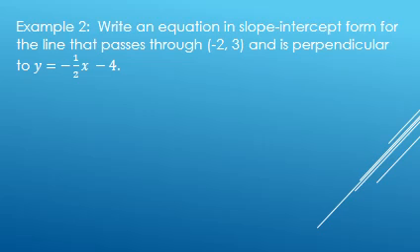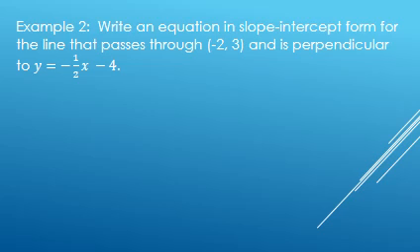So now this one, it says write an equation in slope-intercept form for the line that passes through -2, 3 and is perpendicular. So now we're looking for perpendicular to y equals -1/2 x minus 4. So remember, perpendicular means that we have to have opposite reciprocal.